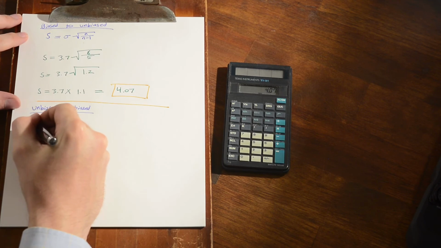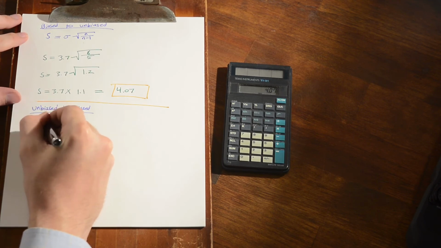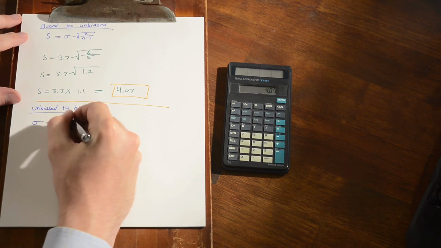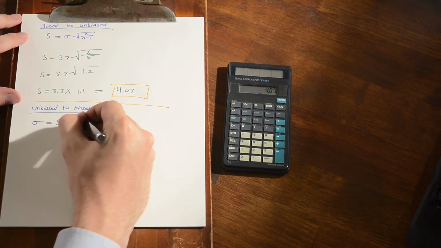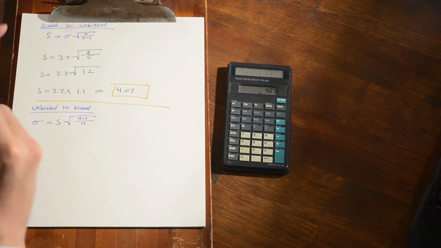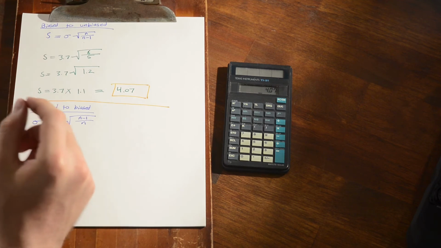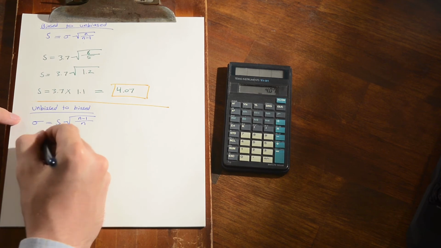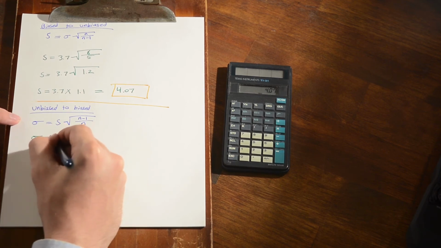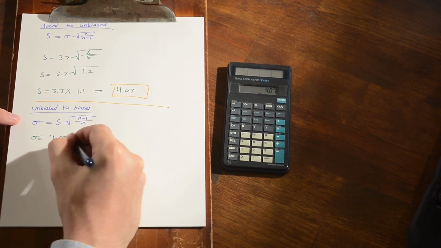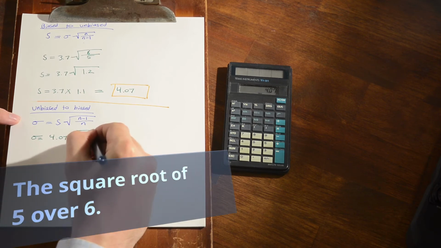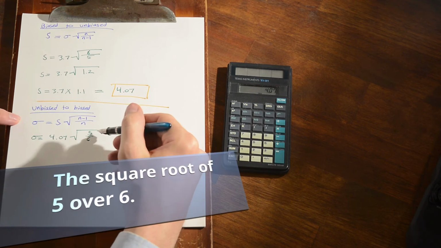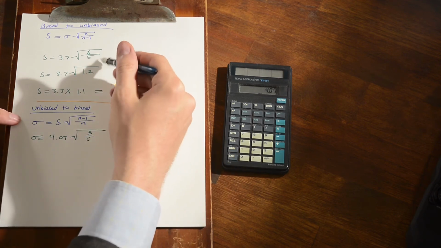We're going to use sigma is equal to S times the square root of n minus 1 over n. And we're off, back to green. This means we're going to take sigma is equal to 4.07 times 5 over 6. We got these numbers from right up here.